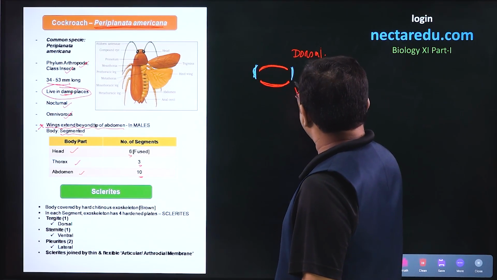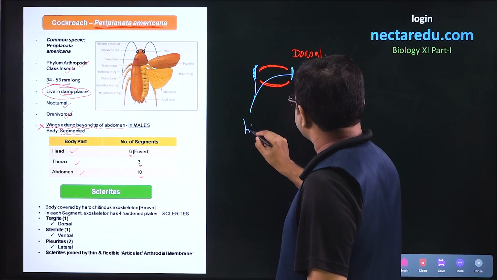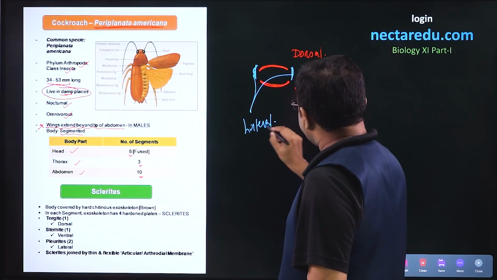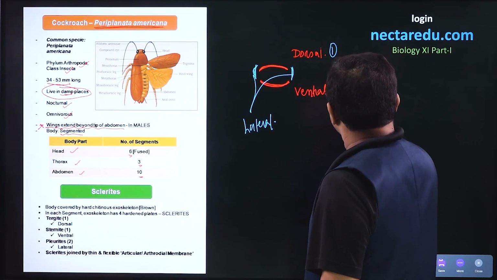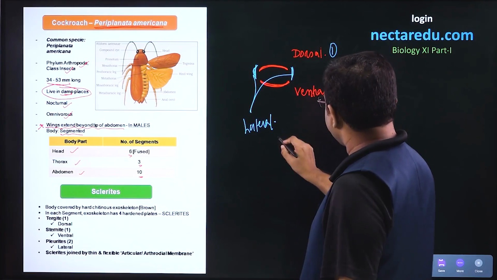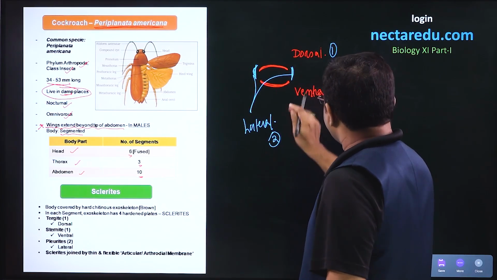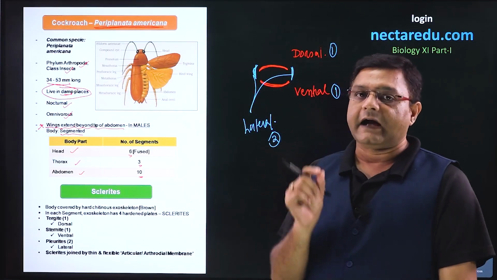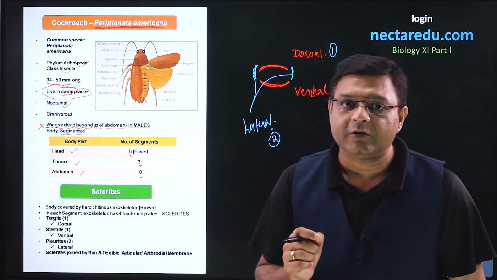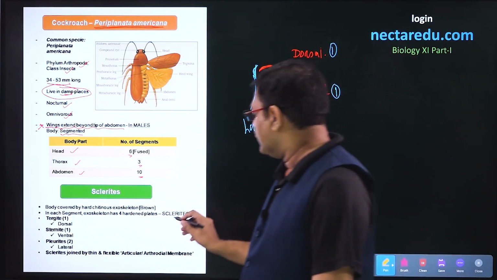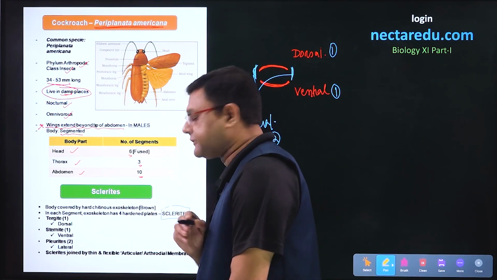So these plates are on lateral sides. So we can say that this is 1, this is again 1 in number, and these will be 2 in number. So these 4 small chitinous plates, these are known by the term sclerites. So these are the sclerites.